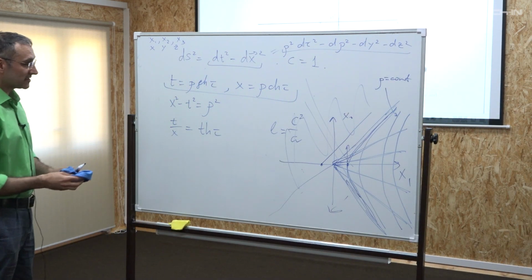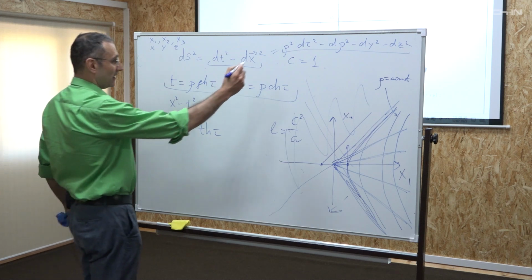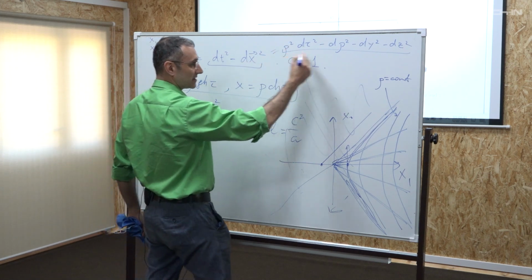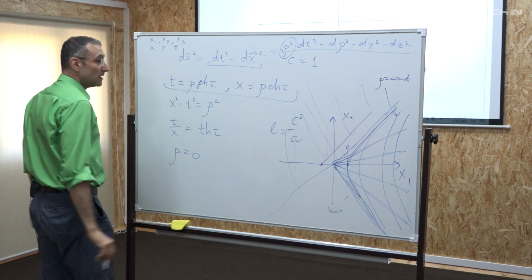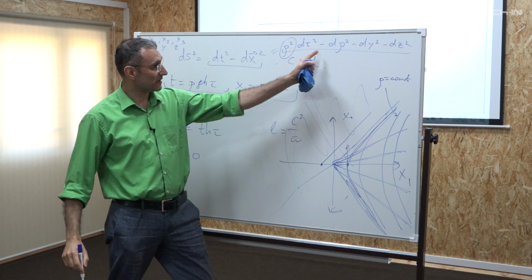Okay, this horizon appears in this metric as rho equals 0. That's a place where this metric degenerates.